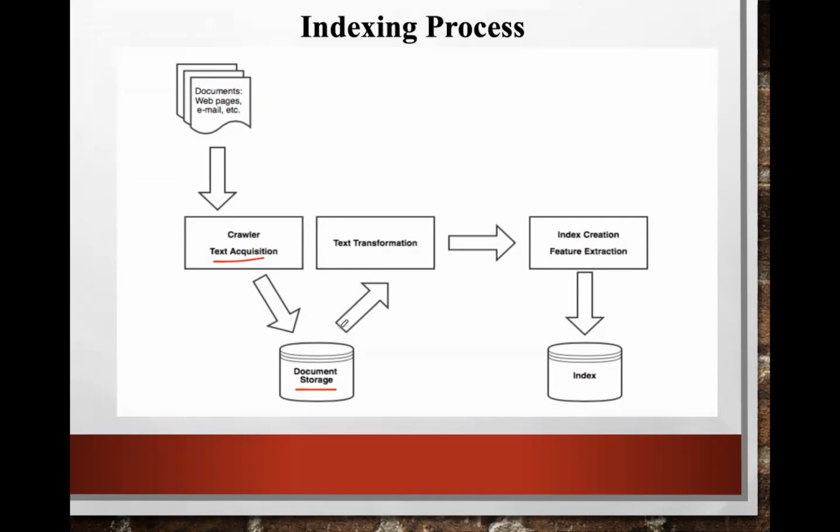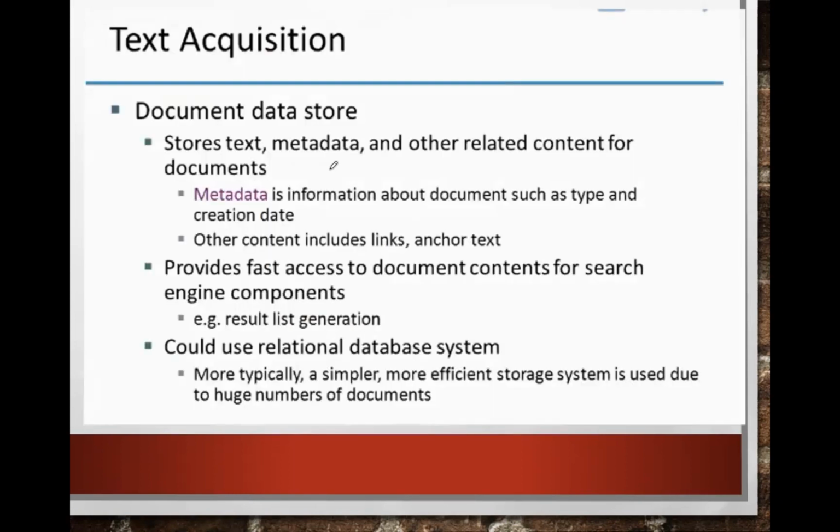Then after this, text transformation should be done, where text parsing will be implemented. We just discussed these things, right? The document data store, where the data is stored in the form of text or metadata, helps in result list generation and fast access.